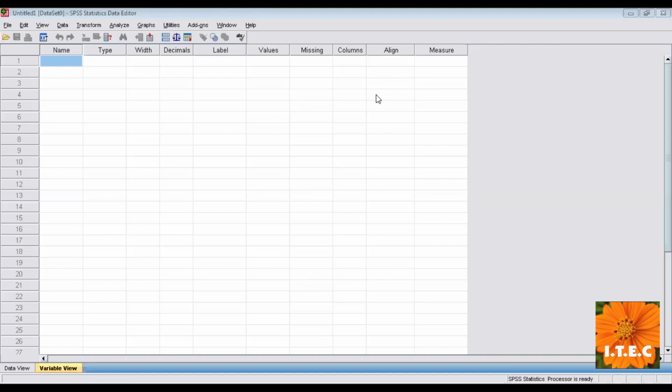Jyoti, that depends upon the tool which you will be using. For job satisfaction, there will be a job satisfaction scale, and the scale will have the data which will be on the continuous.